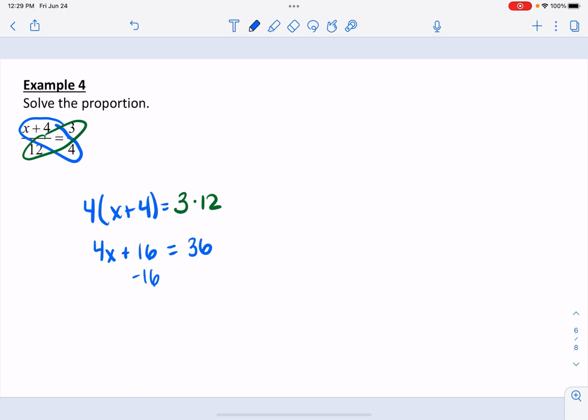I subtract 16 from both sides and I get 20. I divide by 4 and I get 5. And again, whenever you're solving an equation, you can always plug that back in and see if you're correct or not.